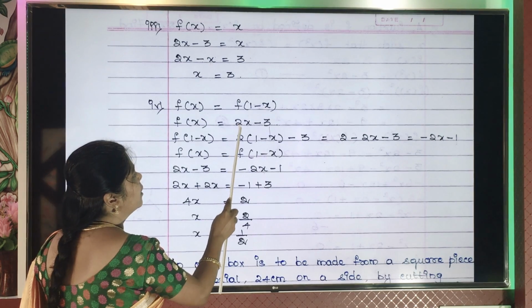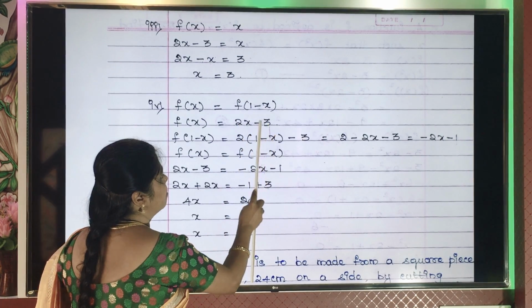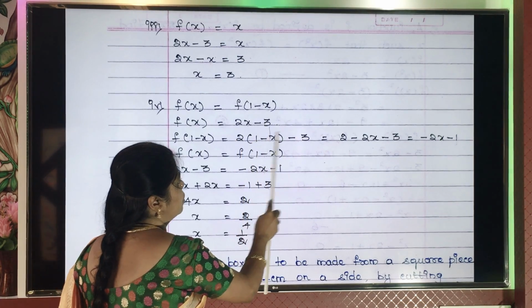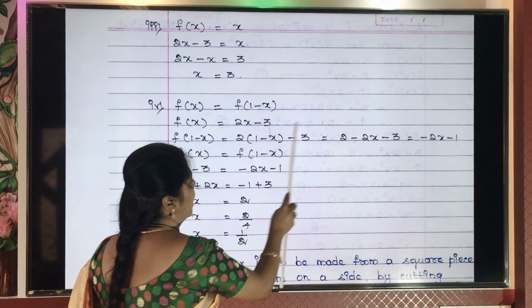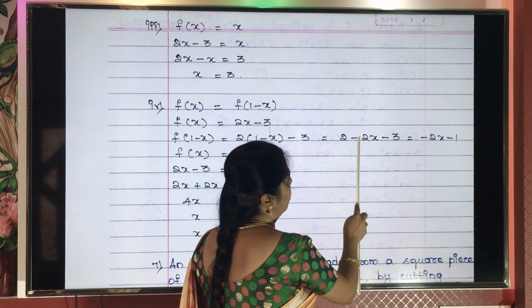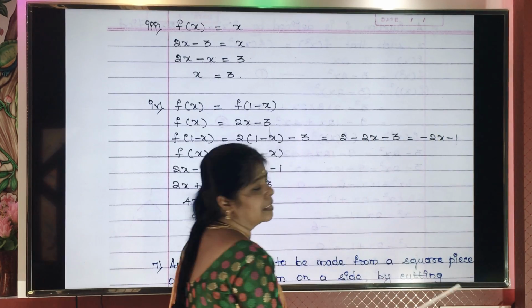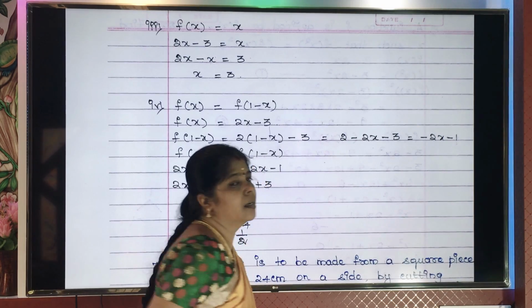So what you get? 2 into, in the place of x you write 1 minus x, then minus 3. 2 into 1, 2. Put the minus sign here. 2 into x, 2x. Then this minus 3. Simplify. Minus 2x, you just write it as it is. 2 minus 3 gives you answer minus 1.